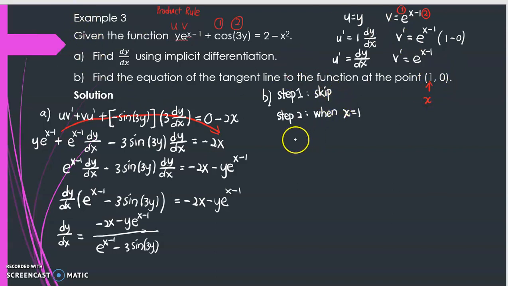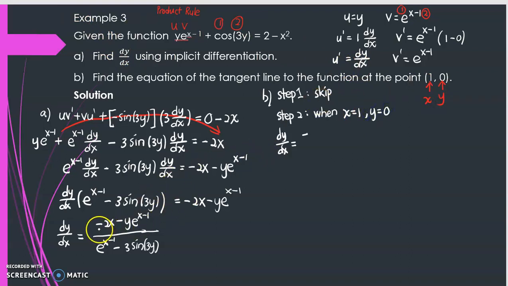So when x is equal to 1, I try to substitute into dy/dx. Here are our x and y, so we have to substitute x and y. When x is equal to 1, y is equal to 0.